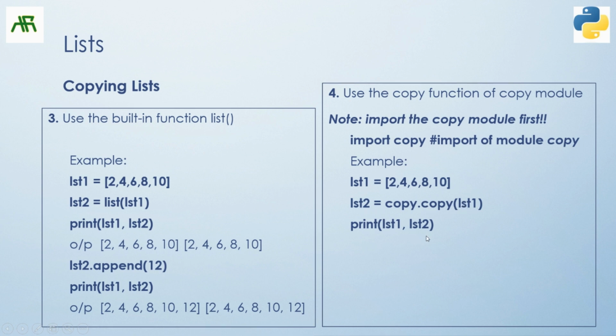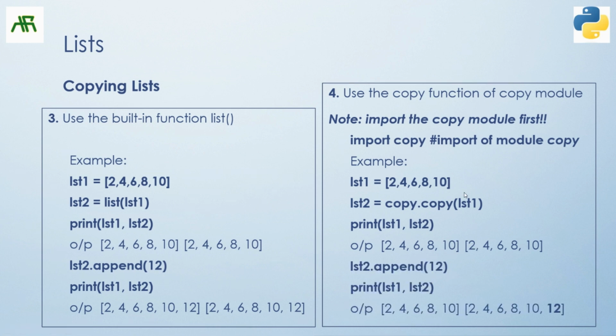Assign that to list 2, print this, and append value 12 to list 2. Since the copy function makes a separate copy, list 2 alone gets appended with the new value 12.